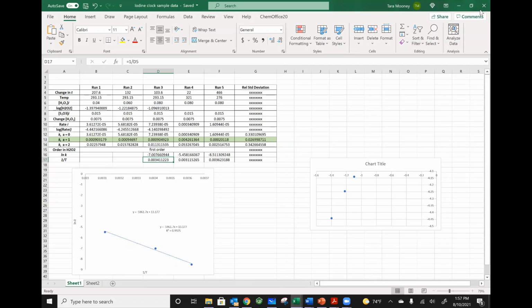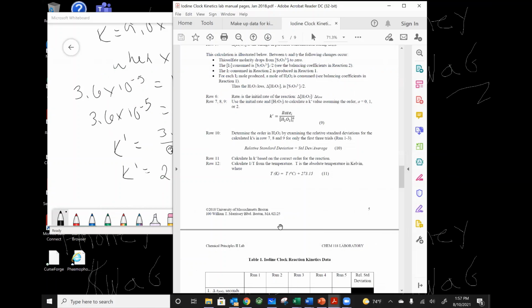And then for row 12, all you need to do is convert Celsius to Kelvin, and then take the inverse of that.